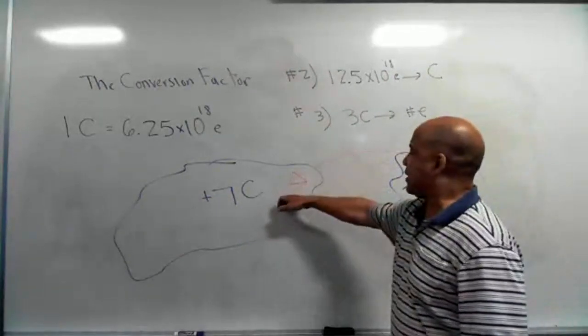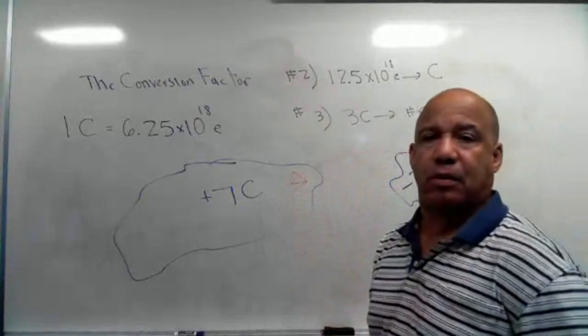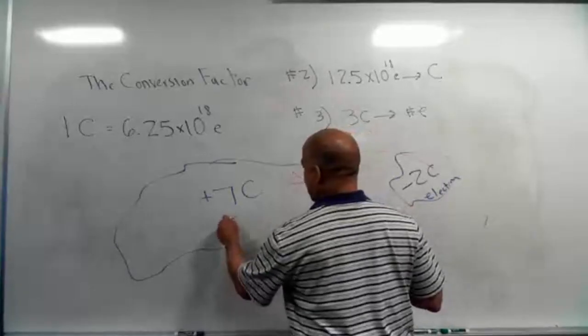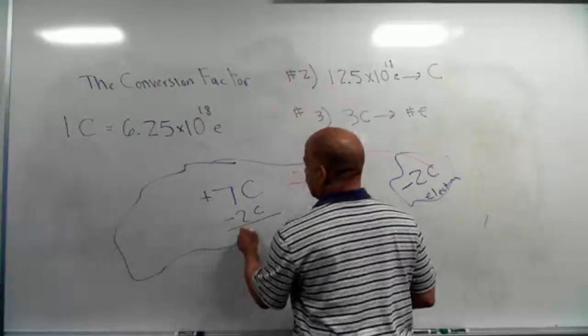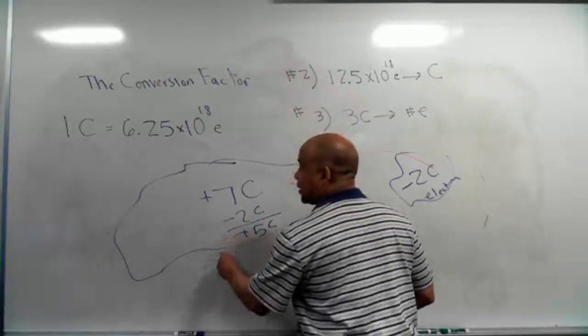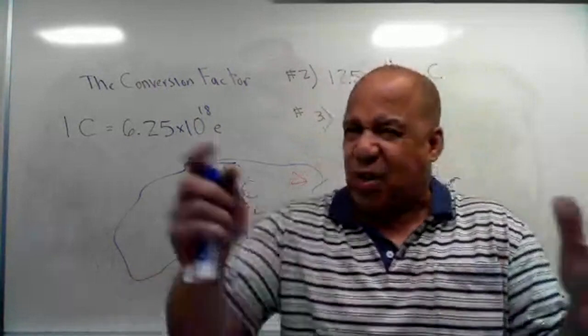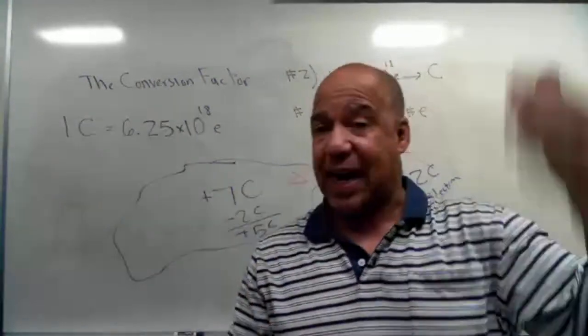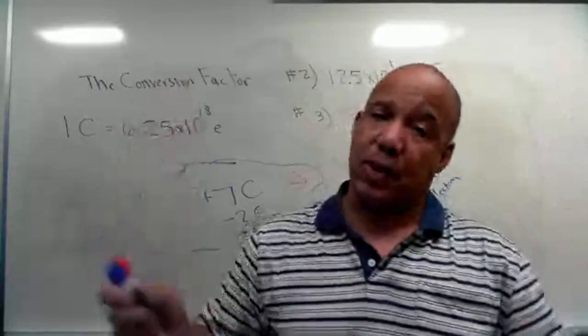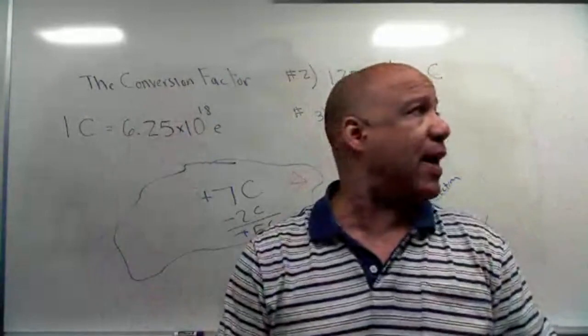Once I add the electrons to this object, what's the new charge? It's going to be 5. I got minus 2 coulombs. I'm adding. So the new charge is positive 5. So you got to be careful when you're dealing with coulombs and watch the physical situation. You got to know when to put a plus sign, when to put a minus sign. So you just got to think about that.